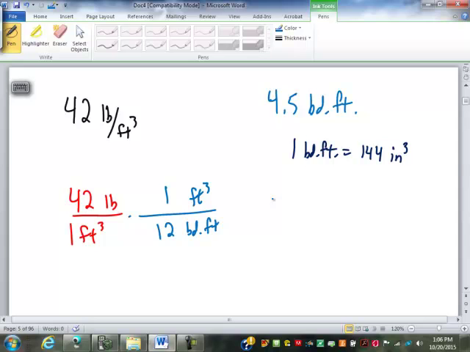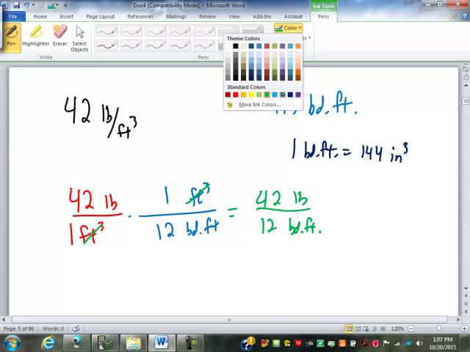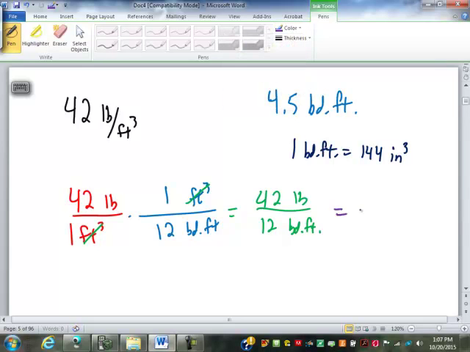A board foot is 12 by 12 by 1 inch thick. A cubic foot is 12 by 12 by 12 inches thick. So there are 12 of them in there. So we can cross cancel the cubic feet. This is 42 pounds per 12 board feet. If we divide that out, 42 divided by 12 is 3.5 pounds per board foot.